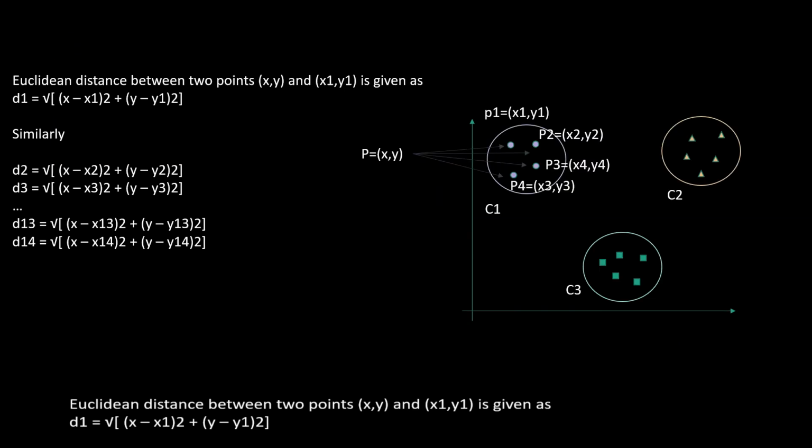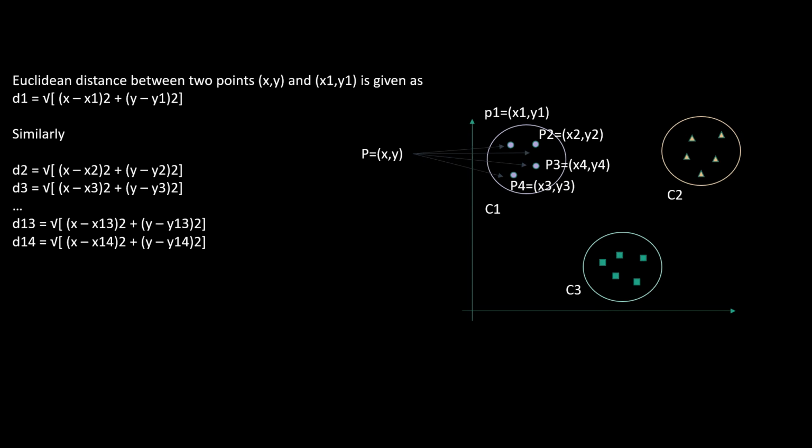Let's understand this with an example. Suppose we have 14 data points P1, P2, P3, P4, P5, P6, P7, P8, P9, P10, P11, P12, P13 and P14, and they are classified into 3 clusters or classes C1, C2 and C3. The moment we feed training data into the classifier, it will store P1, P2 up to P14 inside its memory.